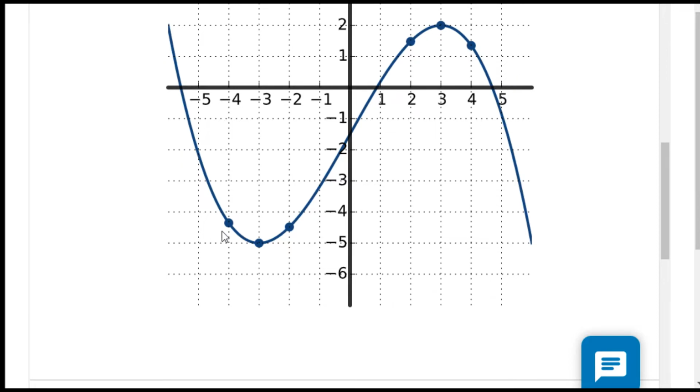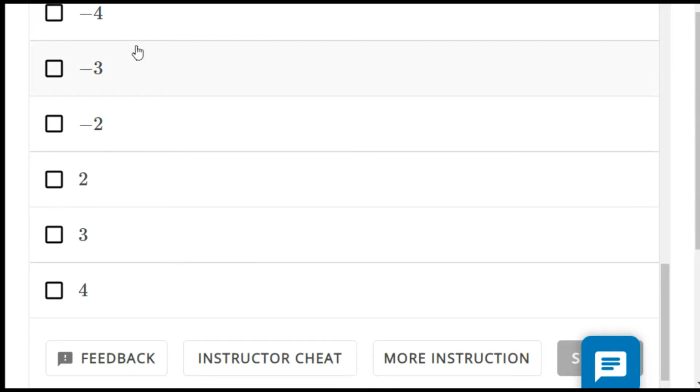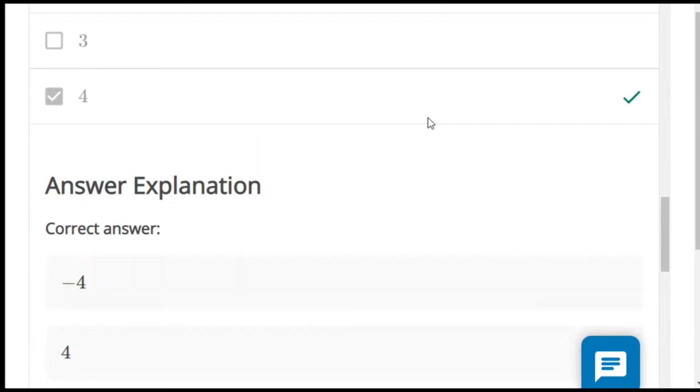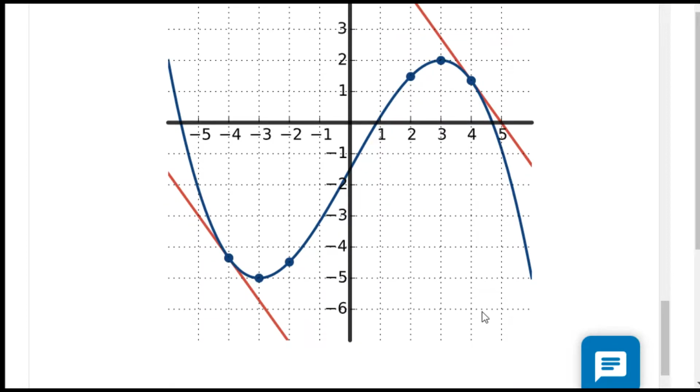All right, that's going to be at this guy and at this guy. So -4 and 4. Let's look at the explanation, and they'll draw you a picture. And there's our negative slopes.